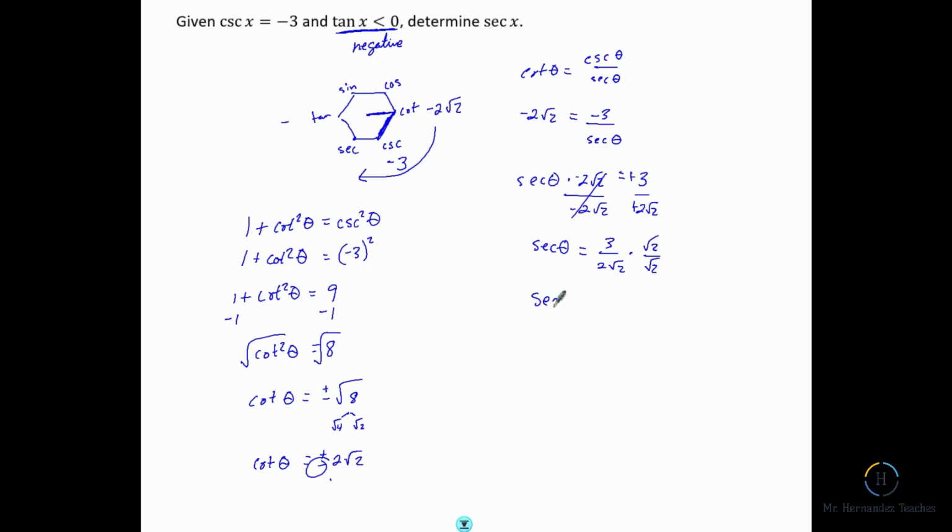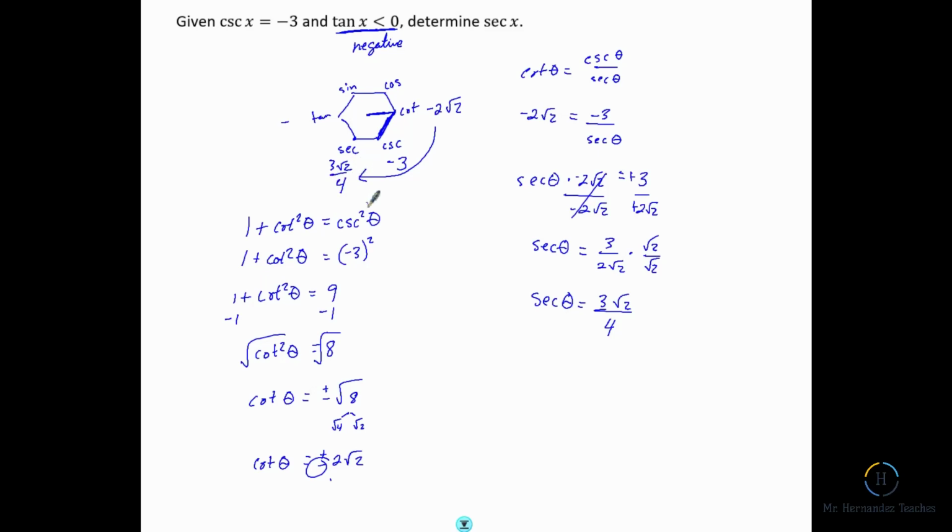We have secant of theta is equal to 3 square root of 2 divided by 2 times 2, since the square root of 2 times the square root of 2 is 2. So that is 4. Secant of theta is 3 square root of 2 divided by 4.